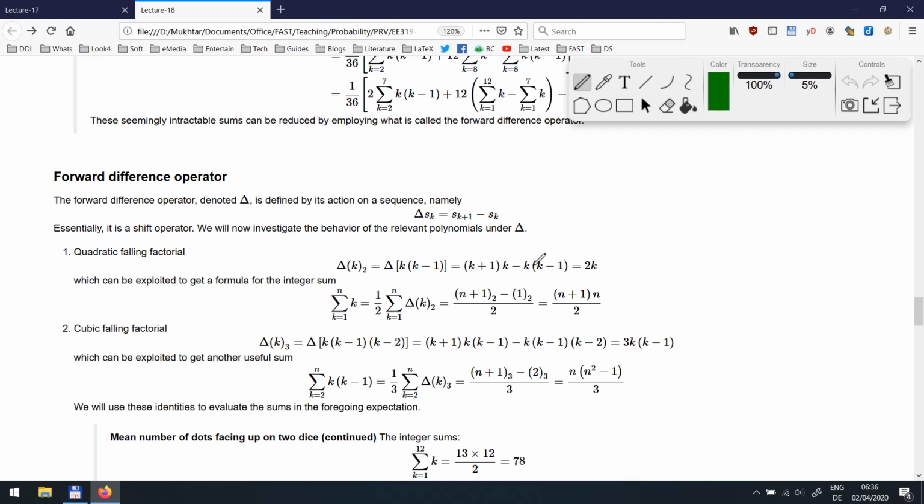You see, here it's minus, and the next one this will be plus, and a lower value will be minus. All these intermediate values will cancel out, and you will just be left with the largest value on one side, the smallest value on another side, and that's it. You get the same sum basically.